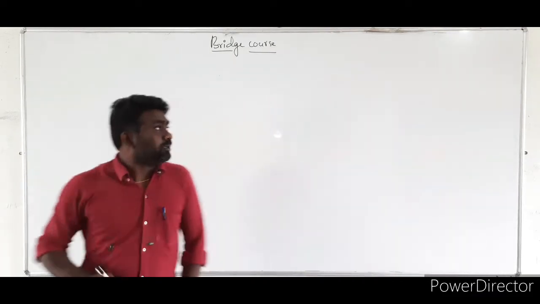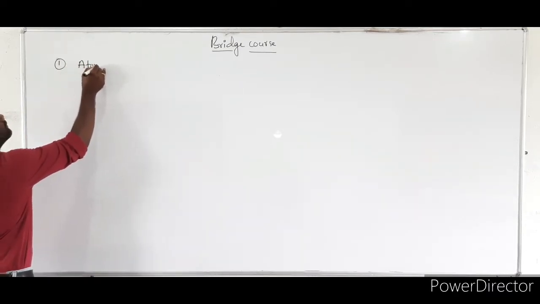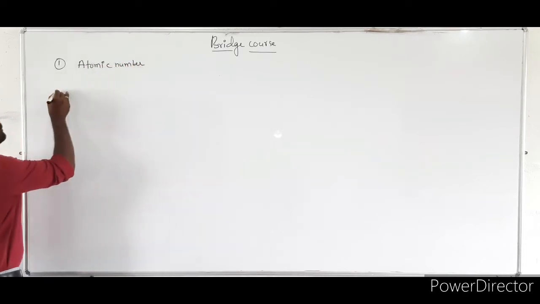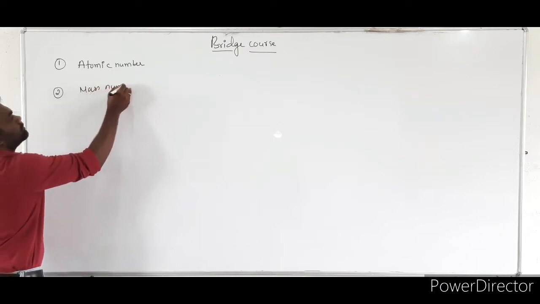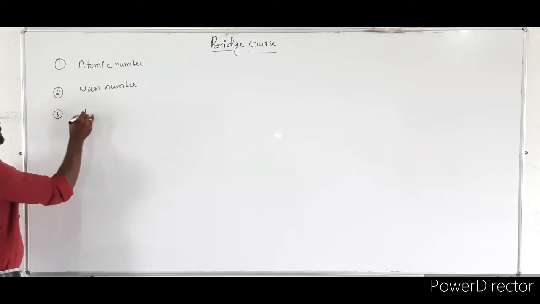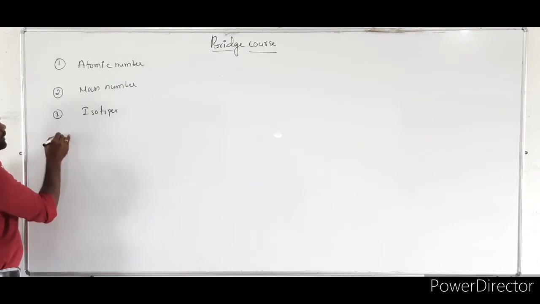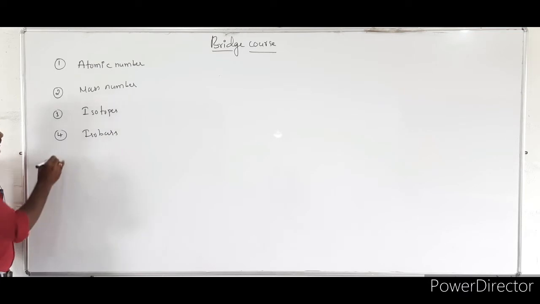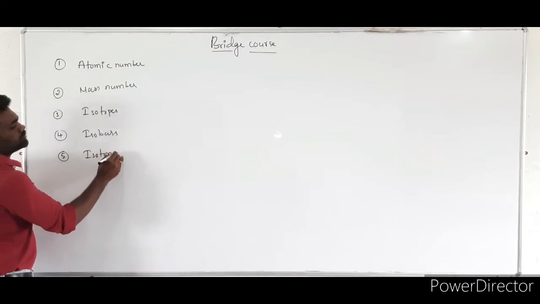So let us look at the important terms. The first one is atomic number. The second one is mass number. The third one is isotopes. Fourth one is isobars, and the fifth one is isotones.